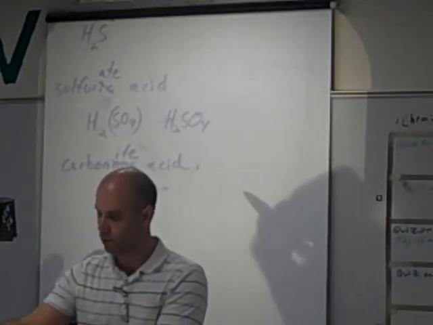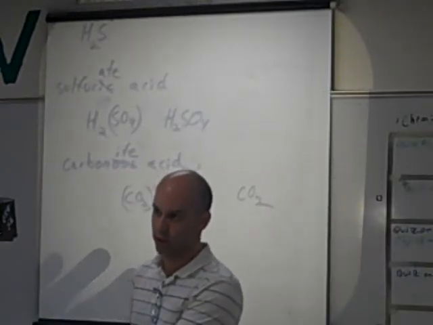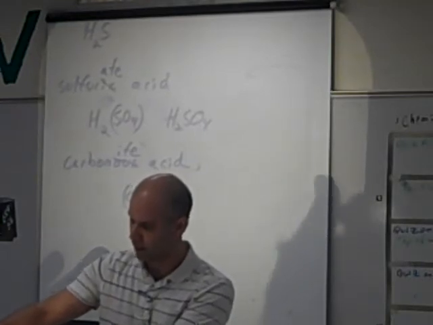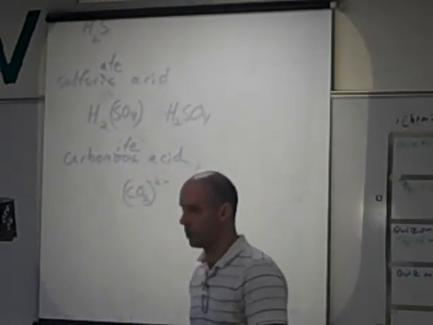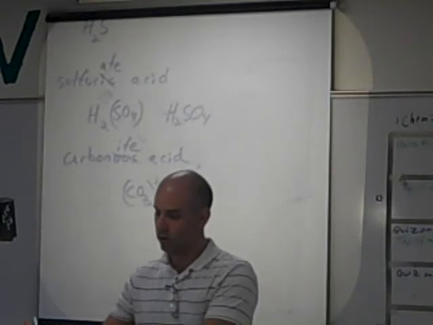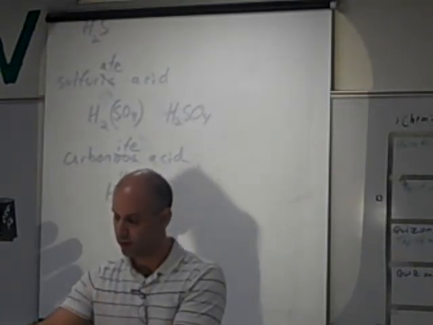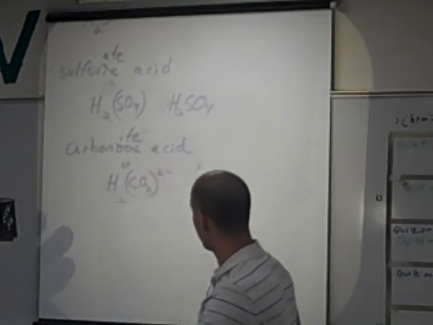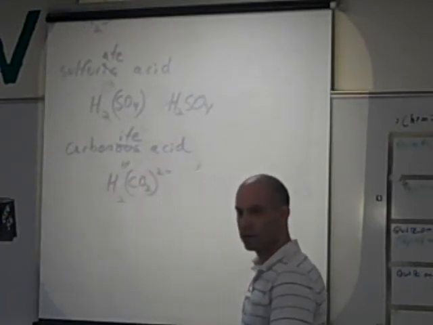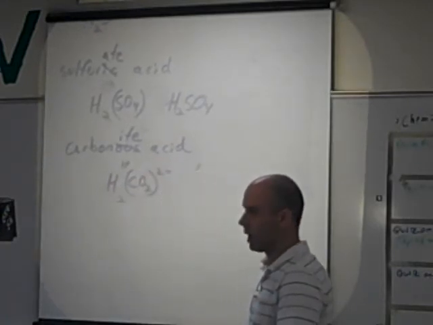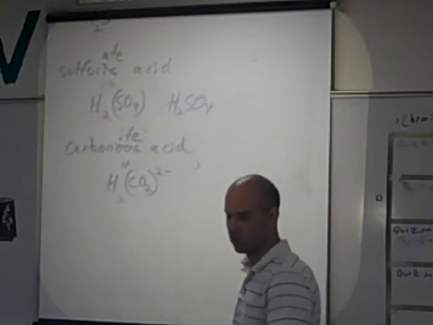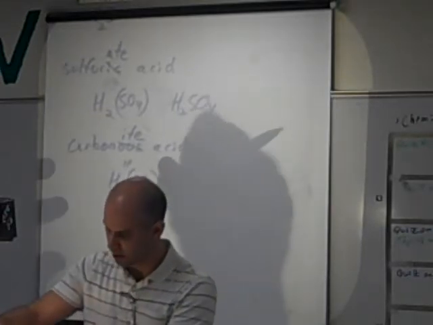Carbon dioxide is just regular old CO2 with no charge. Carbonite has got a 2 minus charge. Write the hydrogen. Now crisscross. H2CO2 is carbonous acid. Erase our charges.